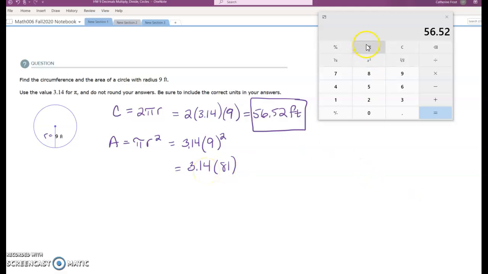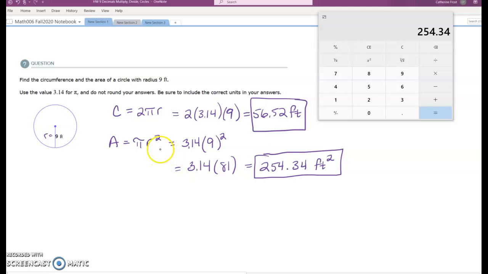The less I have to put in my calculator, the better, because I seem to have trouble with this Windows calculator. Okay, 254.34. And it's feet, but this time we're talking about area, so it's square feet.